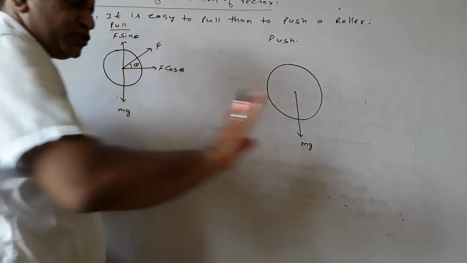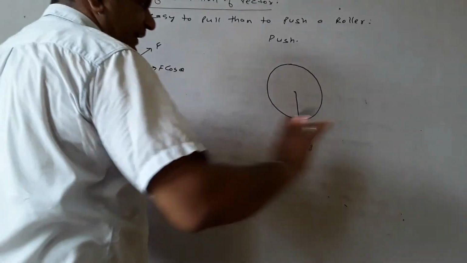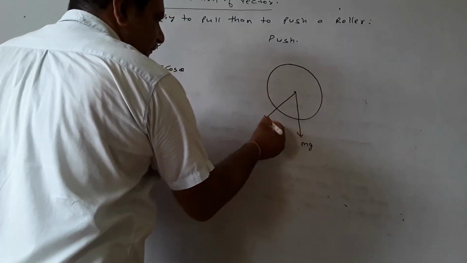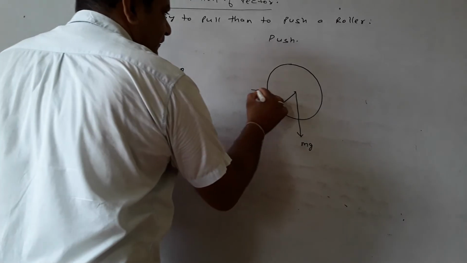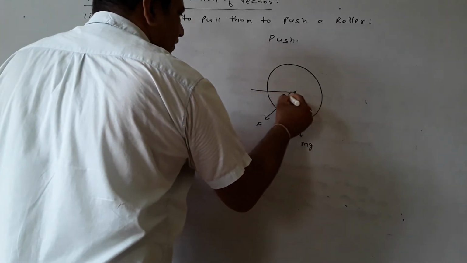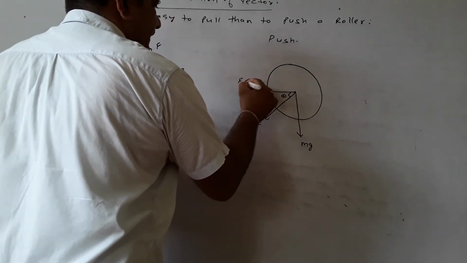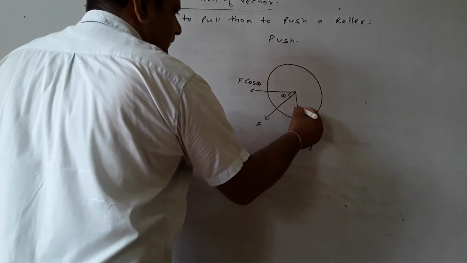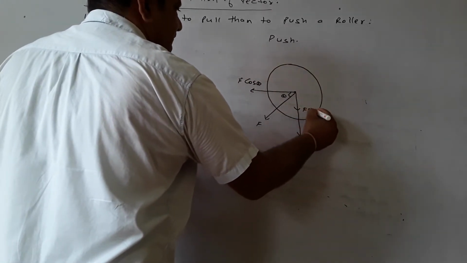The person is pushing, applying the force in this direction. This is the force F, making angle theta with the horizontal. This is F cos theta, and this is F sin theta.